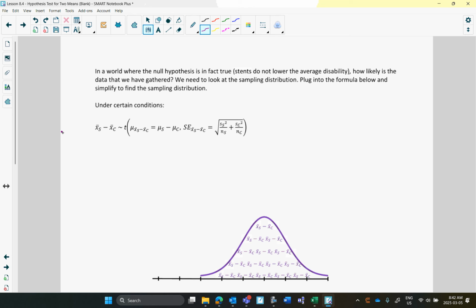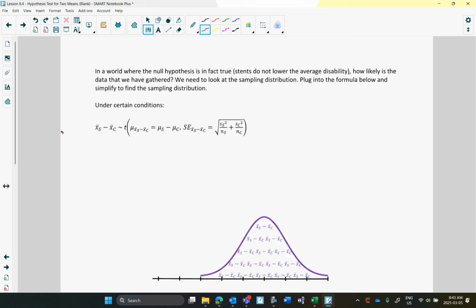So in a world where the null hypothesis is true, stents do not lower average disability, how likely is the data we have gathered? So that's calculating the p-value. So we need to look at the sampling distribution. And then from that sampling distribution, we need to find the number of standard errors our sample is away from the mean, and then we need to find the probability of getting that.